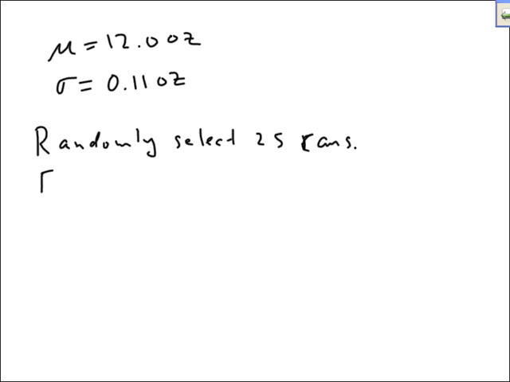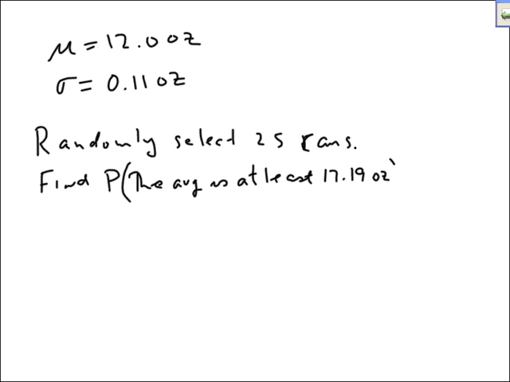Find the probability that the average is at least 12.19 ounces.